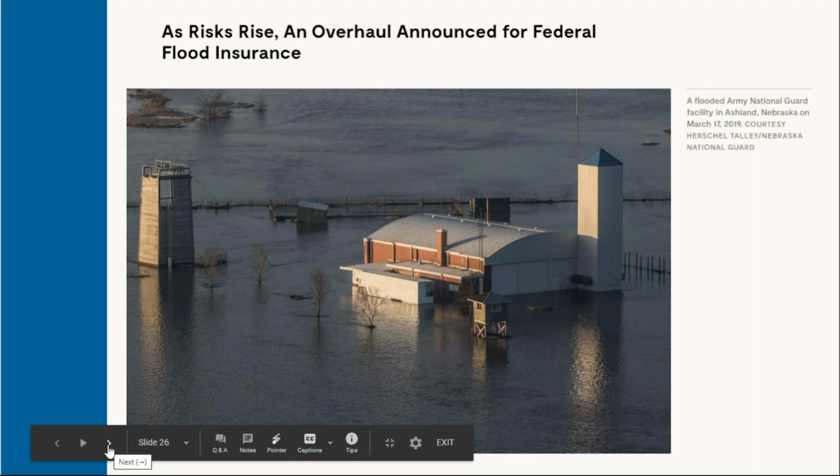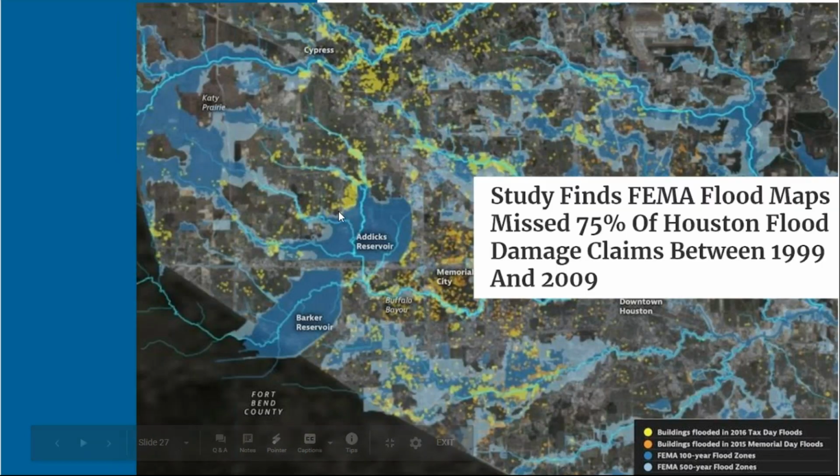So you've got a couple of phenomena all happening at the same time. And look, these guys are smart. We know Big Brother is watching you at every moment. They know exactly what houses flood and where they are. And they know that the majority, 75% of the FEMA claims, are not in the 100 or the 500-year floodplain.